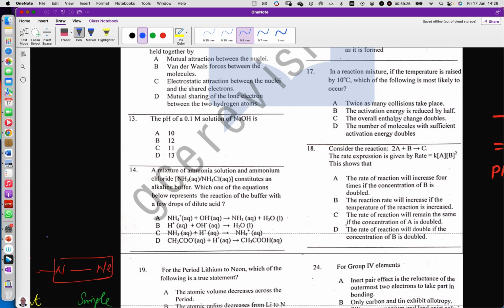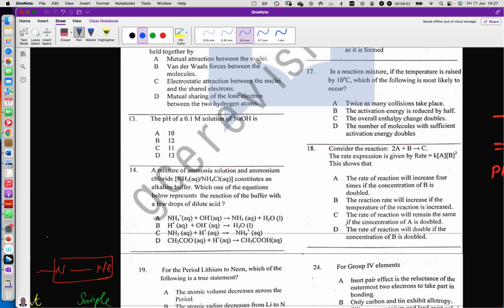Since the temperature has increased, the energy in the system has also increased. So more reacting particles will have access to energy. Therefore, we say there will be an increase in the number of reacting particles or molecules that have acquired energy equal to or greater than the activation energy.